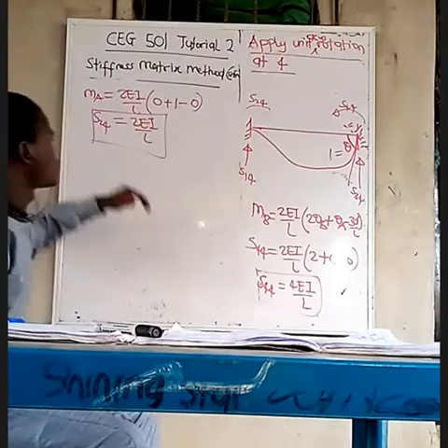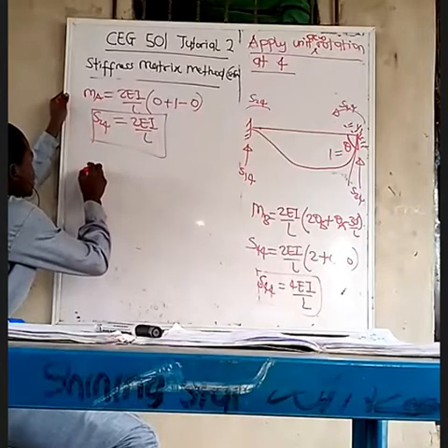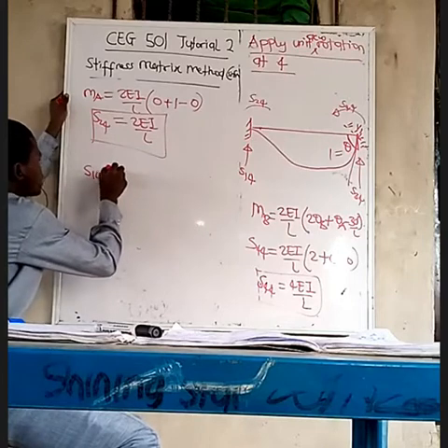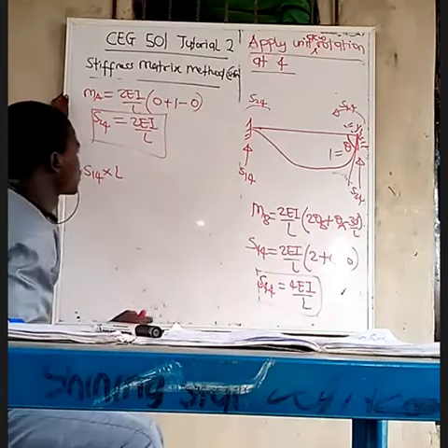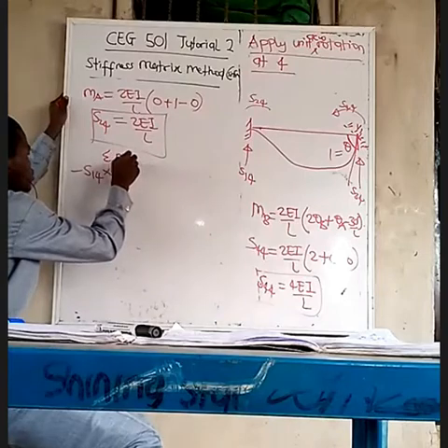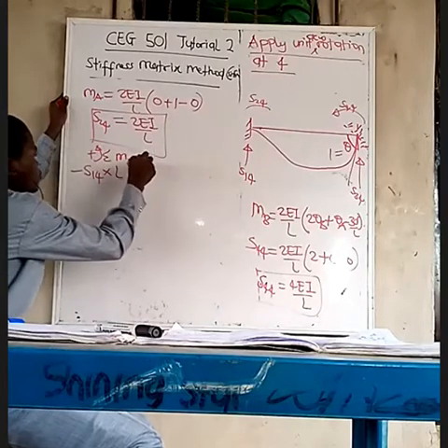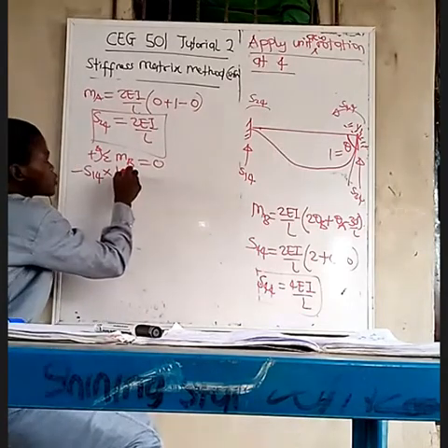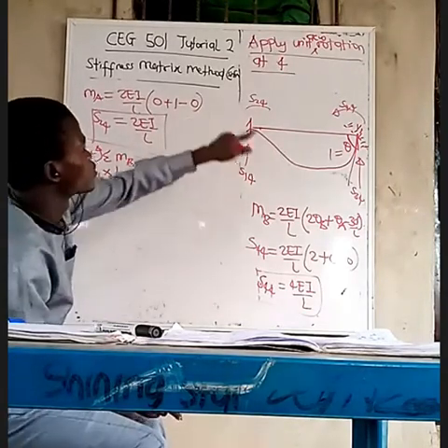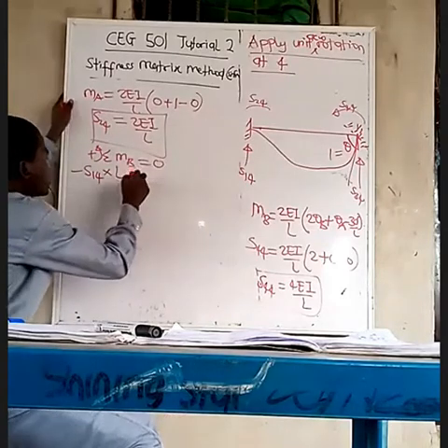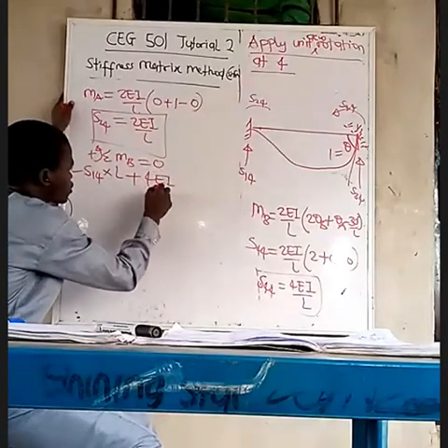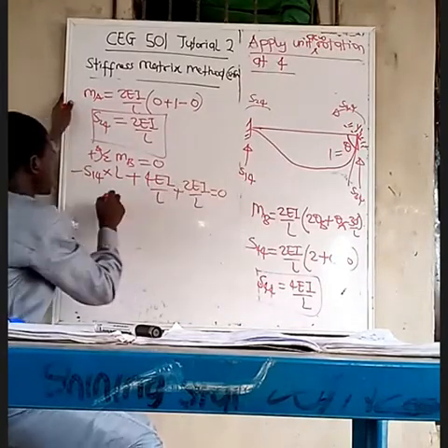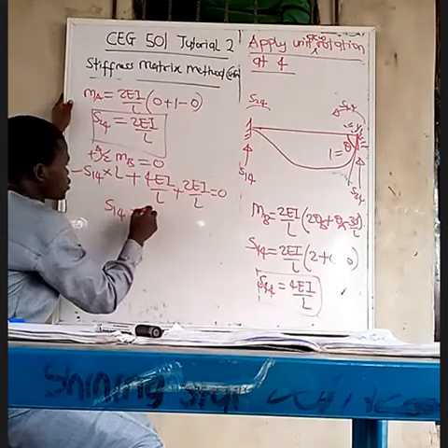The next thing is now to obtain the vertical forces. So we can say S14 times L minus S, we are taking moment about B, minus S14 times L plus, this is anticlockwise, so plus 4EI over L plus 2EI over L is equal to 0.